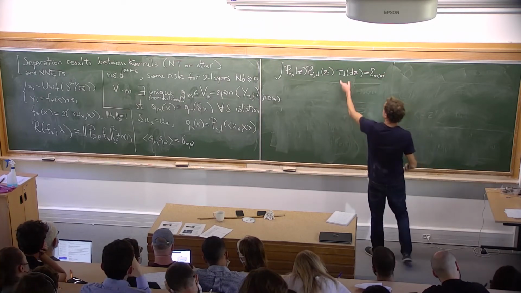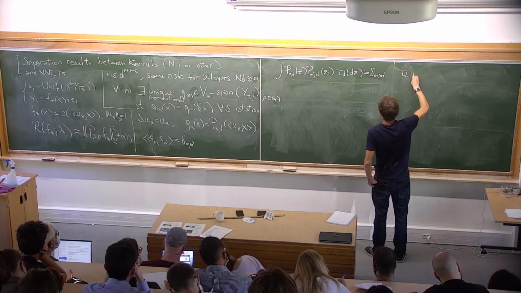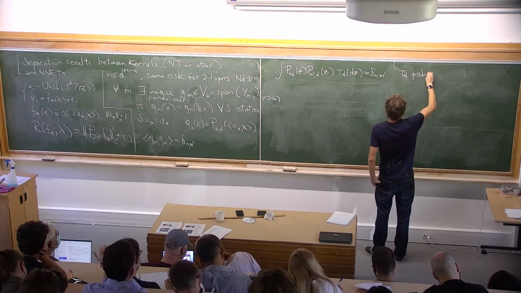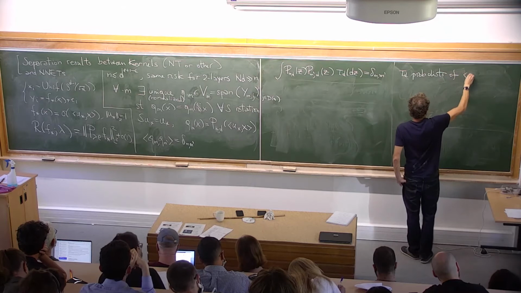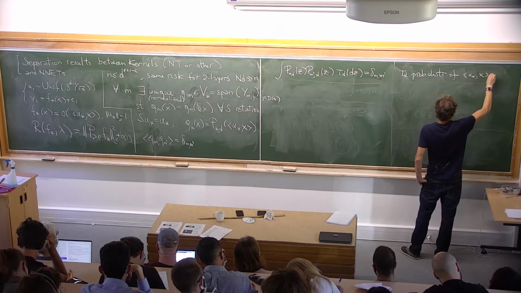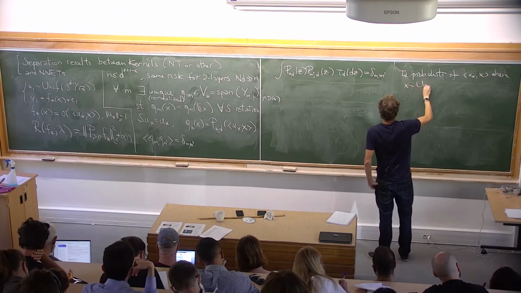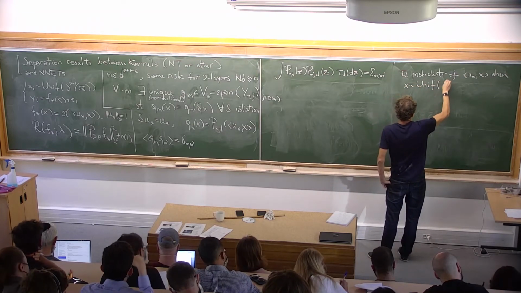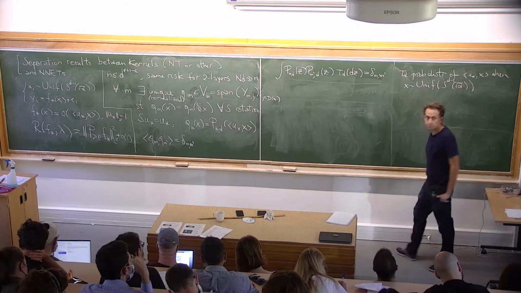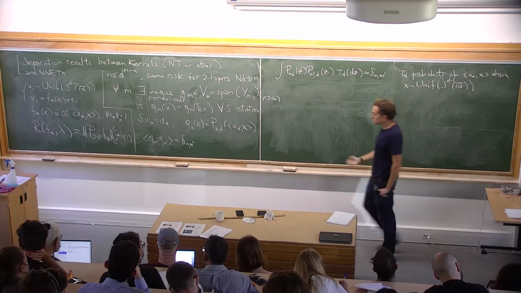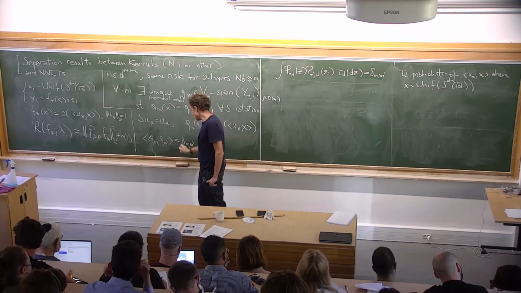What is tau d? Tau d is the probability measure of u star times x when x is uniform on the sphere of radius square root of d in d dimensions. I have to do this integral. What is this product?